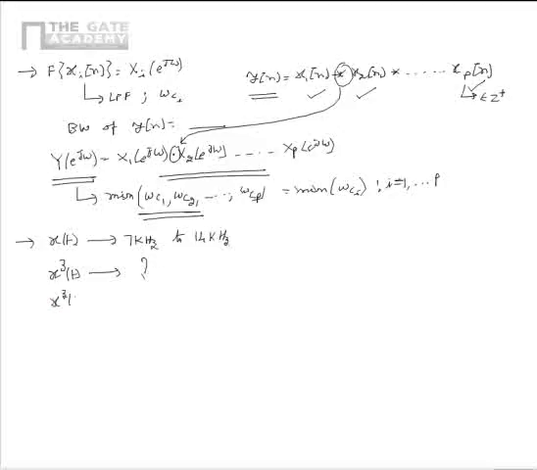We know that x cube of t can be written as x of t multiplied by x of t multiplied by x of t.